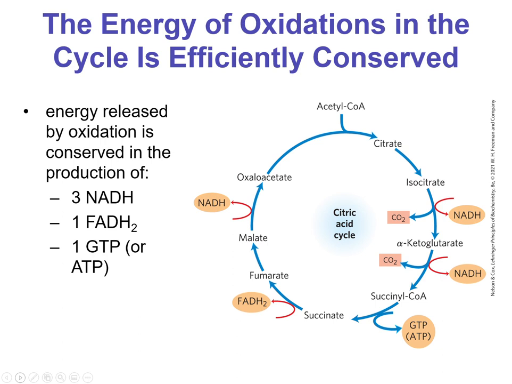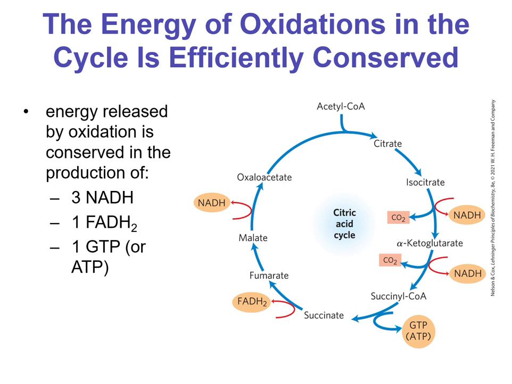This summary figure will definitely help you because you can blank out all of the places where there's production of these energy molecules and refill it in. You can also write down the different reactions that are going on, like aldol condensation here, this is a rearrangement of some kind, and then you've got decarboxylation.